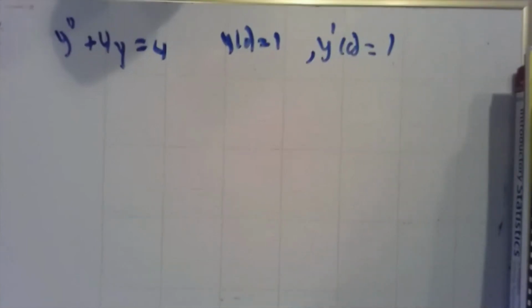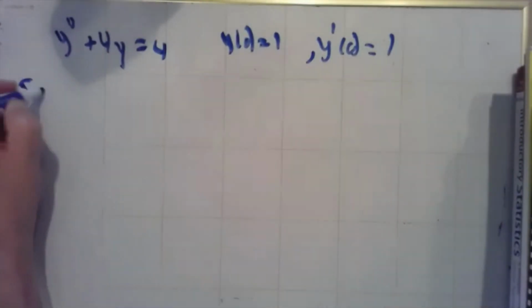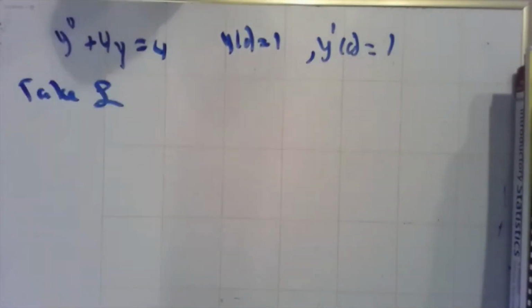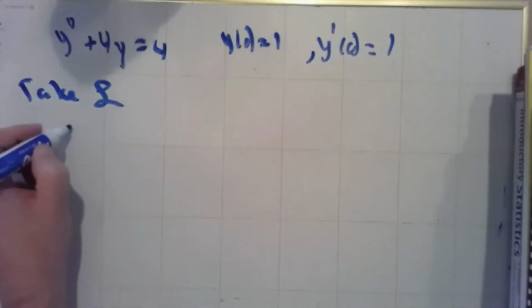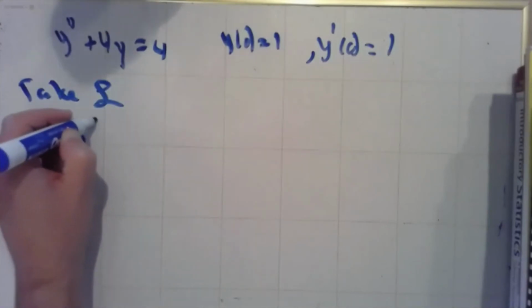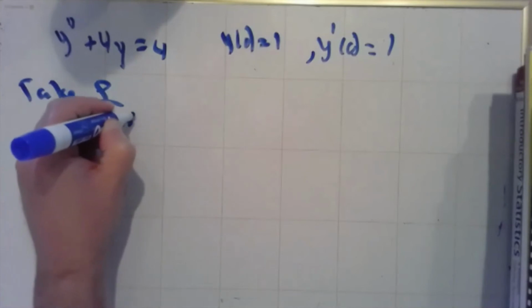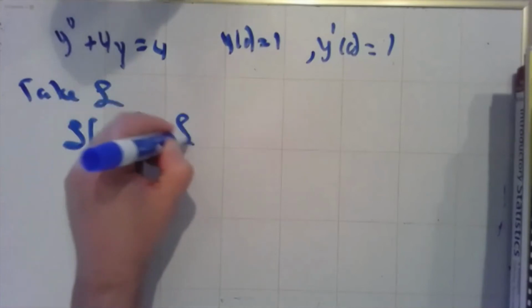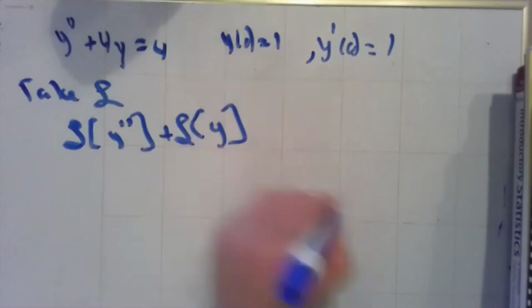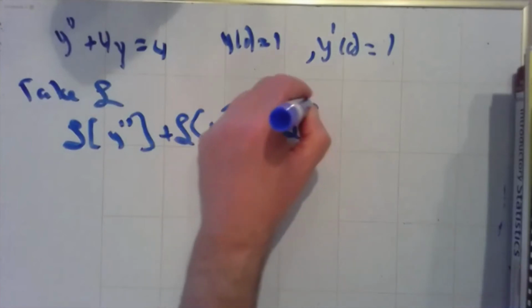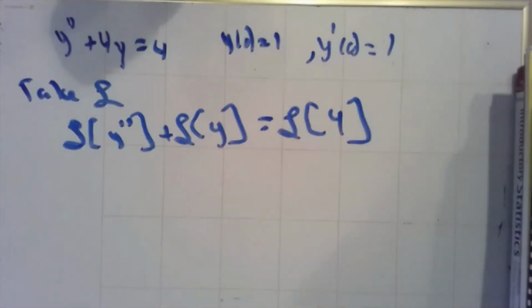All right, so we're going to take the Laplace transform of everything. So I'm going to write out a bunch of details here. Laplace transform of y double prime plus 4 times the Laplace transform of y should equal the Laplace transform of 4.